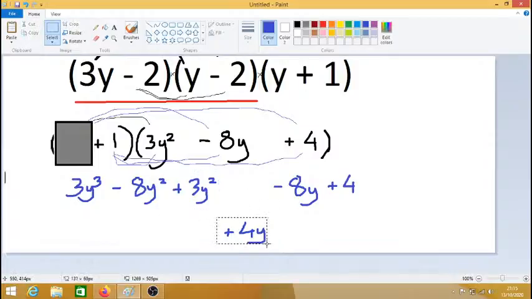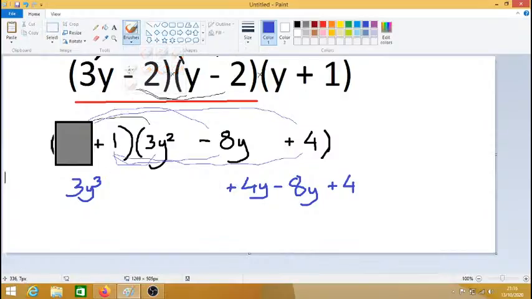And the 4y and the minus 8y, we can put those two together, and that would work out to be the minus 8y squared plus the 3y squared, that's going to be minus 5y squared, and then finish it off plus the 4y minus the 8y, well those two can be combined to make minus 4y.